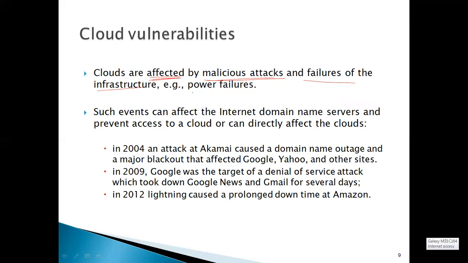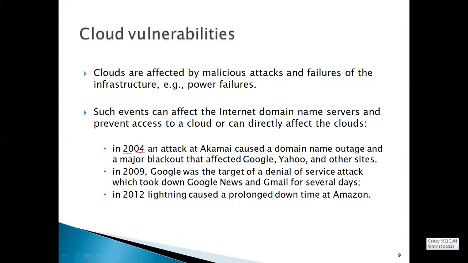One of the reasons might be a power failure. Such events can affect the internet domain name service, DNS, and prevent access to the cloud or directly affect the clouds. Here are some examples of how cloud vulnerabilities have occurred.